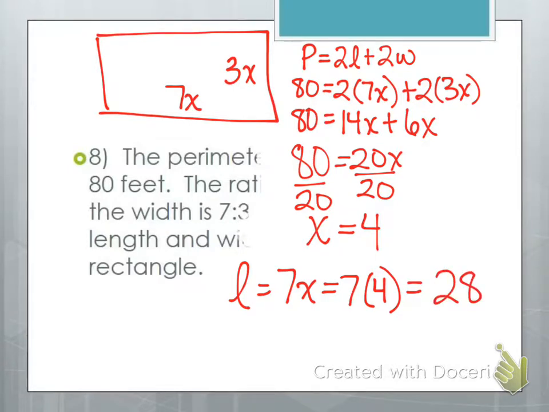What are our units? Feet. Good. If the problem gives you units, I expect you to use them. And our width was represented by 3x. So when we plug in that 4, what do we get? 12 feet.